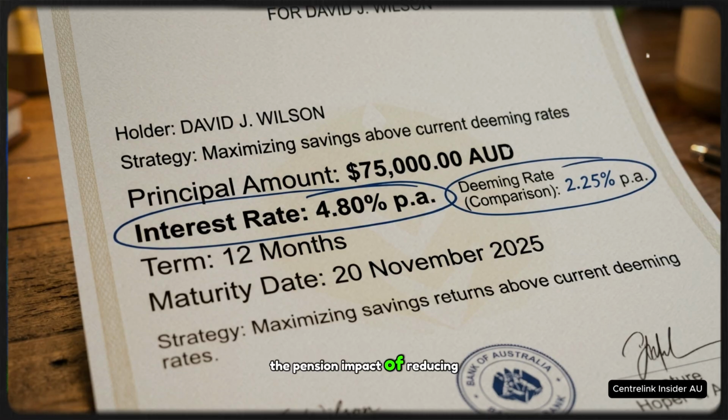The pension impact of reducing the savings balance by $20,000 is a reduction in deemed income of approximately $650 per year, which translates to an increase in pension of approximately $325 per year under the income test. The home improvement is also generating real value in the exempt asset.